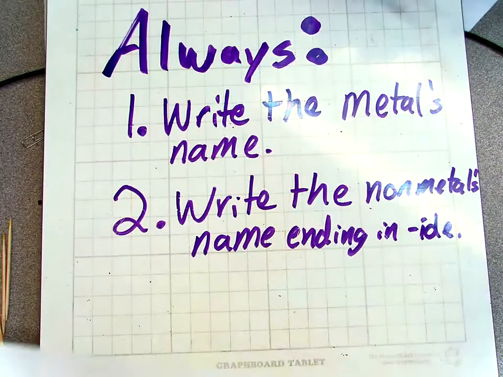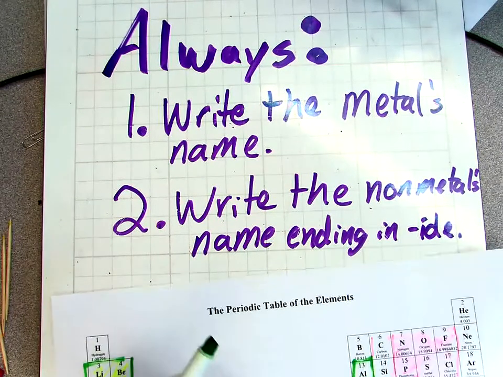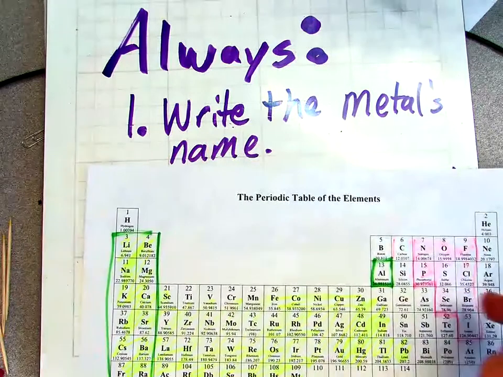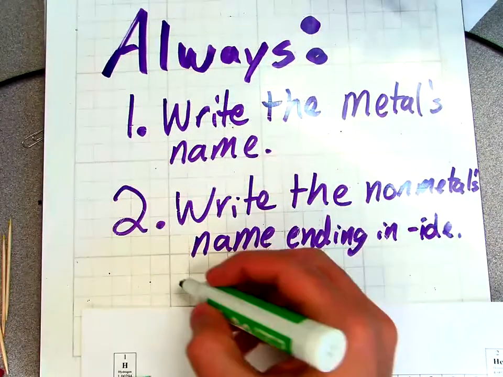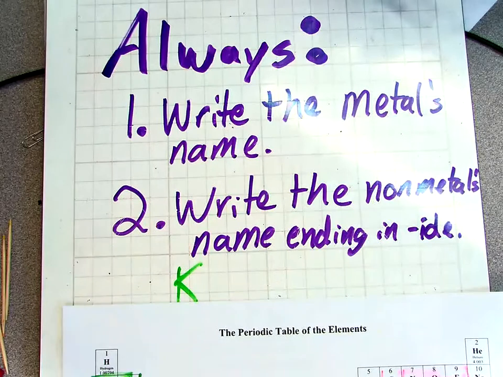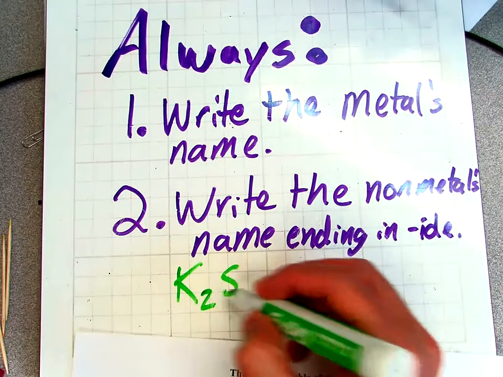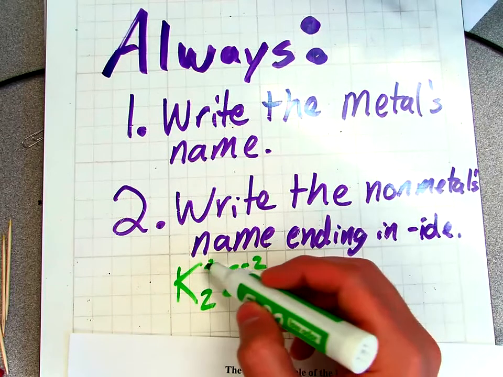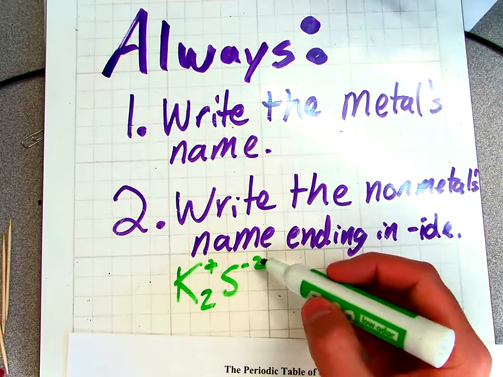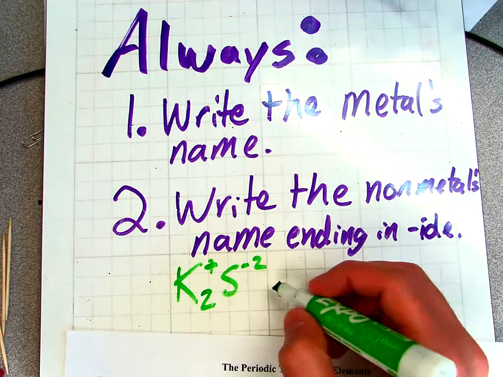So we can take any two of these. So if we take one from the green, one from the pink, we can just go potassium is going to be K. And then if we bond that with sulfur, that would be K2S, because remember sulfur is a -2, K is a +1. So we need 2 pluses to make this neutral.